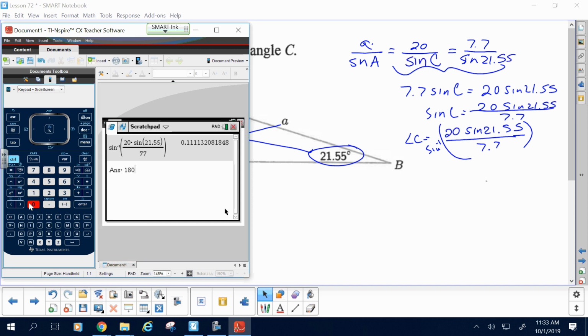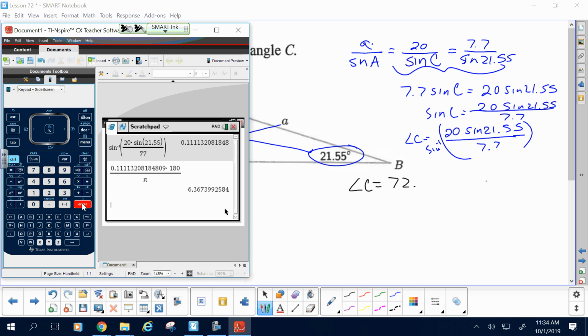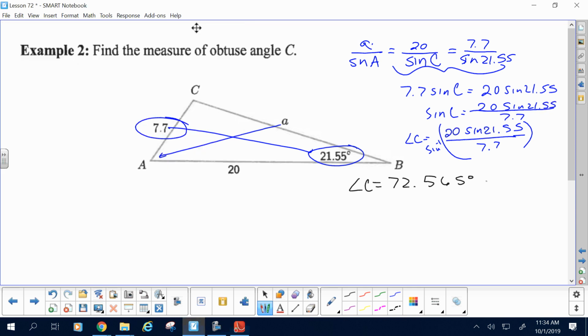72.56. So angle C is 72.565? Correct. Yes? Okay, problem though is that angle C is not 72 degrees.